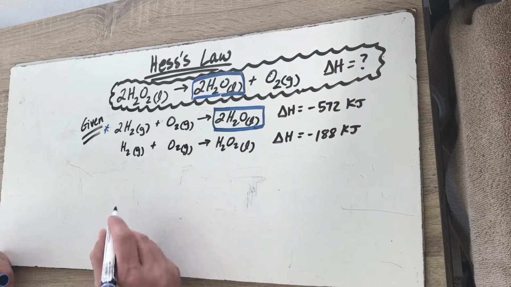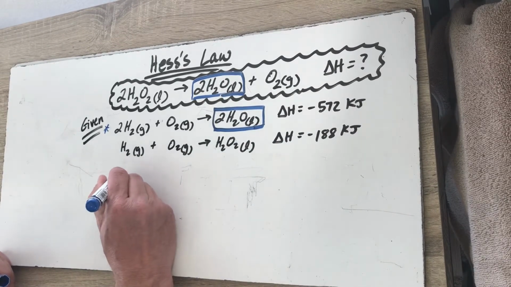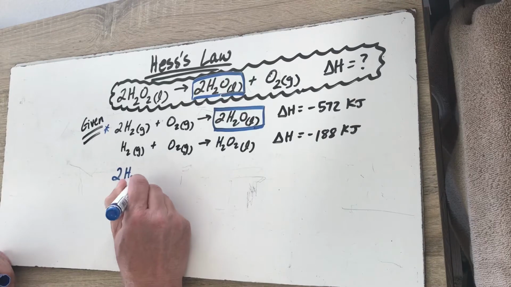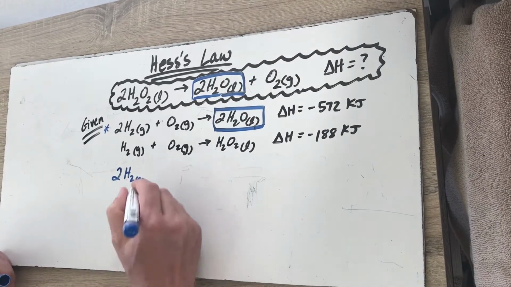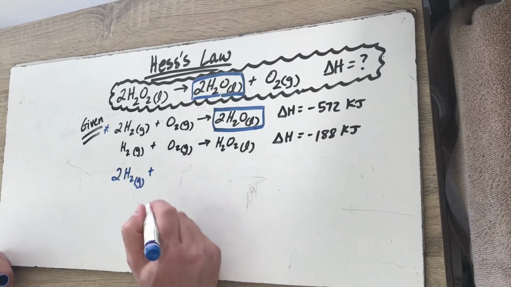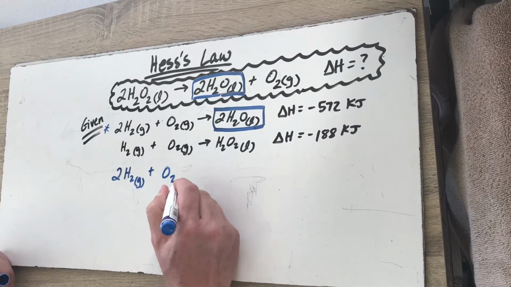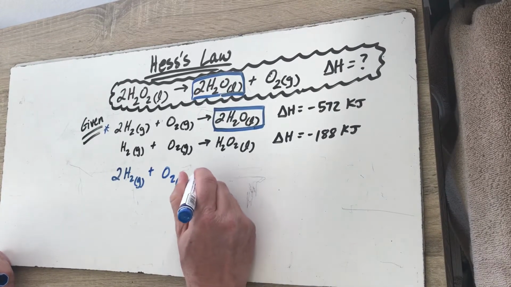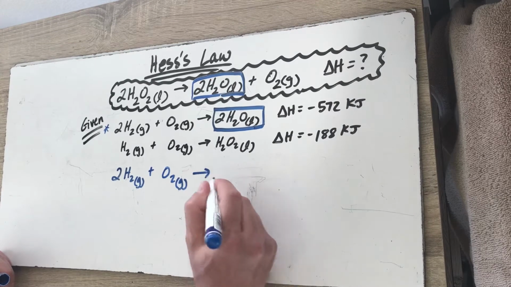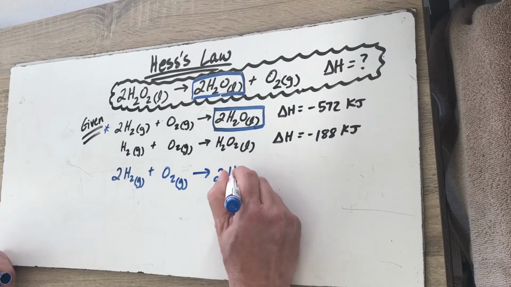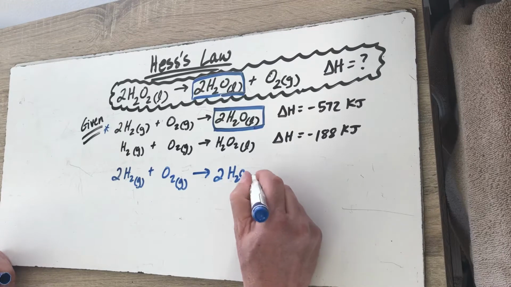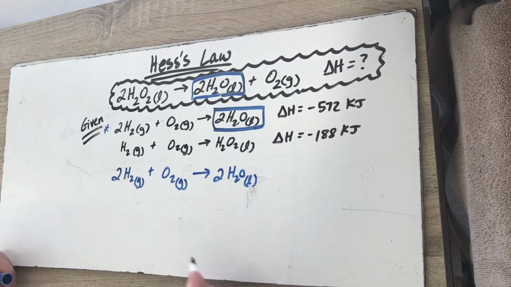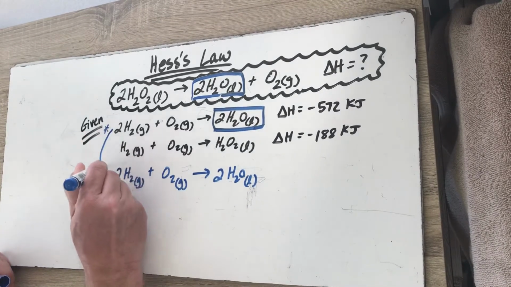Okay, so in order to obtain these 2 moles of water, I'm just going to write this equation down. I'm going to write 2H2 gas, and it's important you look at the states of matter here because they may be different, and they won't mean exactly the same thing. Something says gas and you're wanting a liquid, it's not representing the same amount of energy change. 2H2O liquid. Okay? Now, I just basically wrote this equation down here.